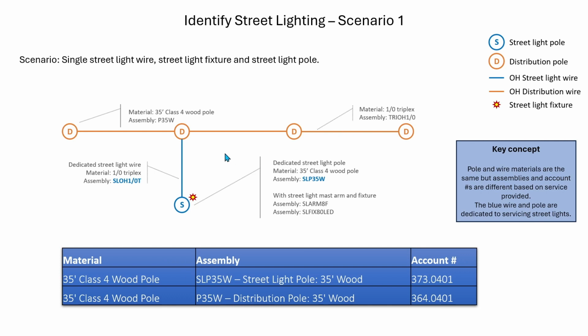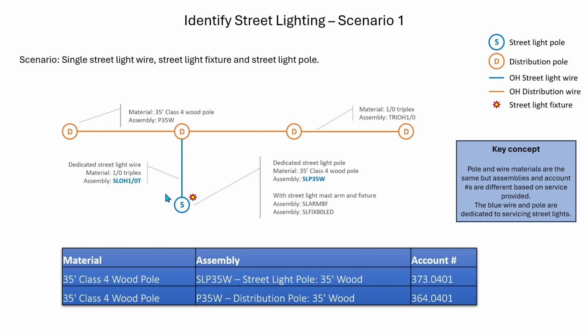And so with a street light dedicated situation, we have this blue wire and this blue pole representing street light specific assemblies and account numbers.